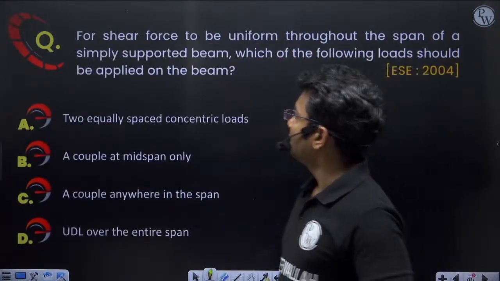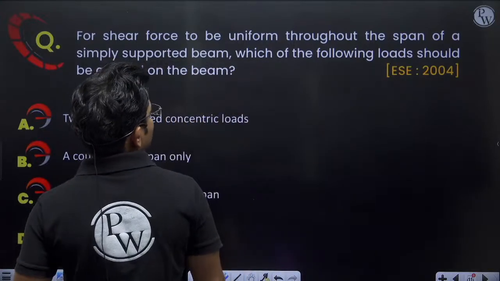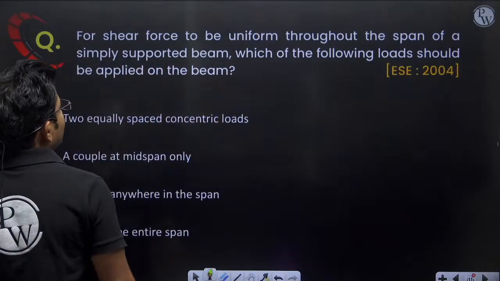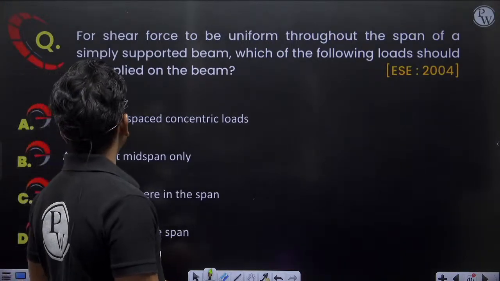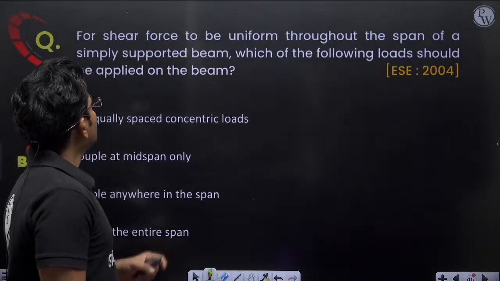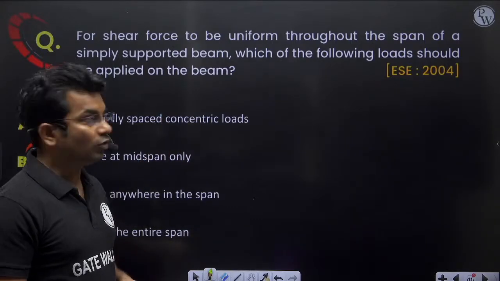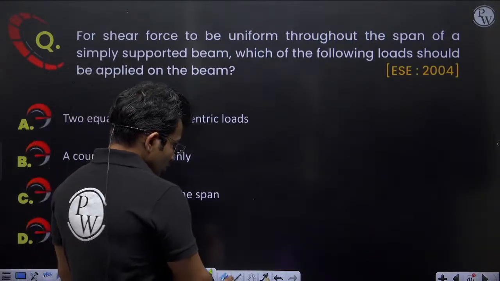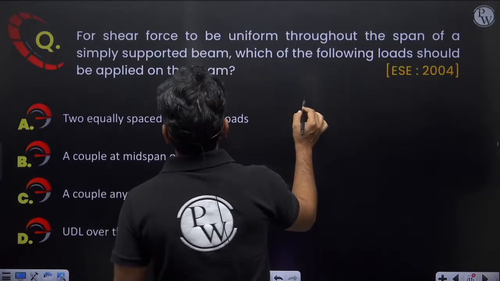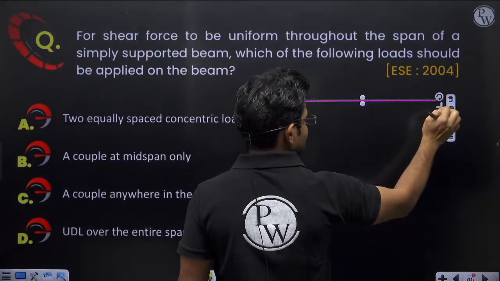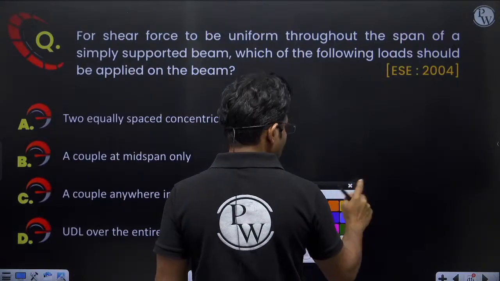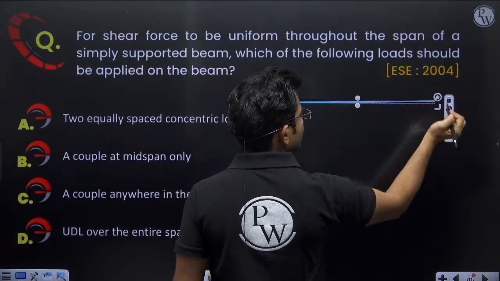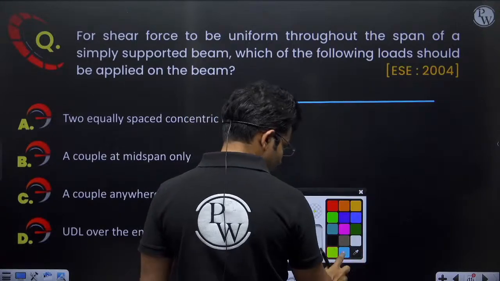Next question. For shear force to be uniform throughout the span of a simply supported beam, which of the following loads should be applied on the beam? So we are having a simply supported beam.